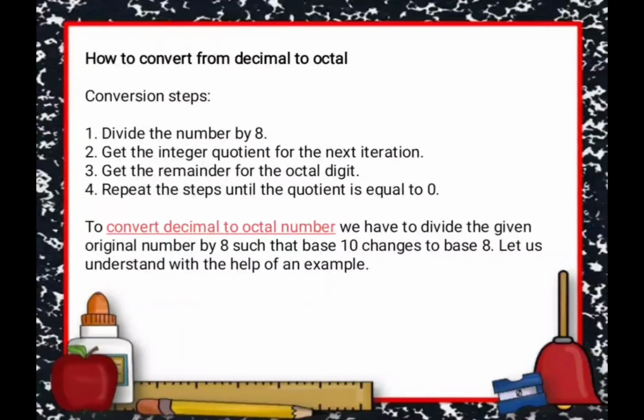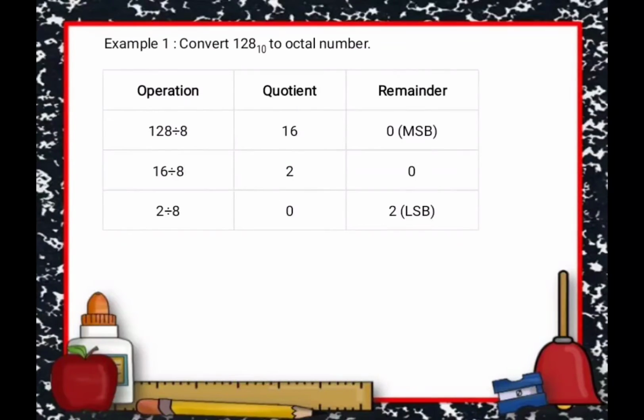To convert decimal to octal number, we have to divide the given original number by 8 such that the base 10 changes to base 8. Let us understand with the help of an example. So example number 1, convert 128 to octal number. So from the given 128, we have to divide it by 8.